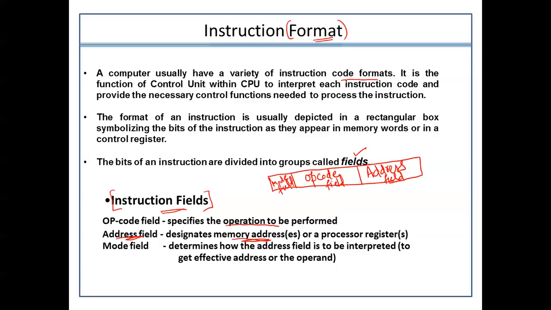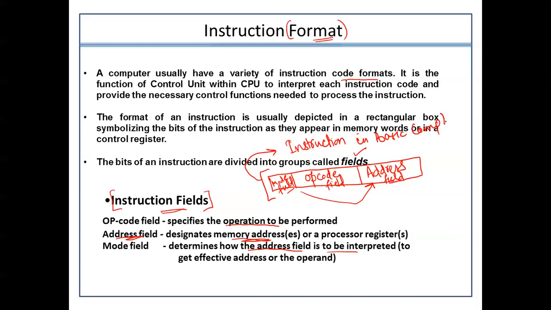The mode field determines how the address field is to be interpreted, meaning how we are going to reach the specific address where the required operand is placed. We have already discussed this idea in the chapter where I described the instructions existing in the basic computer.